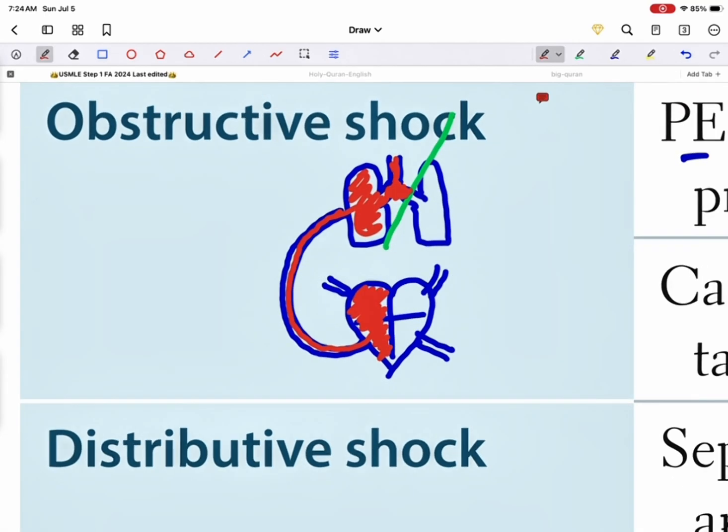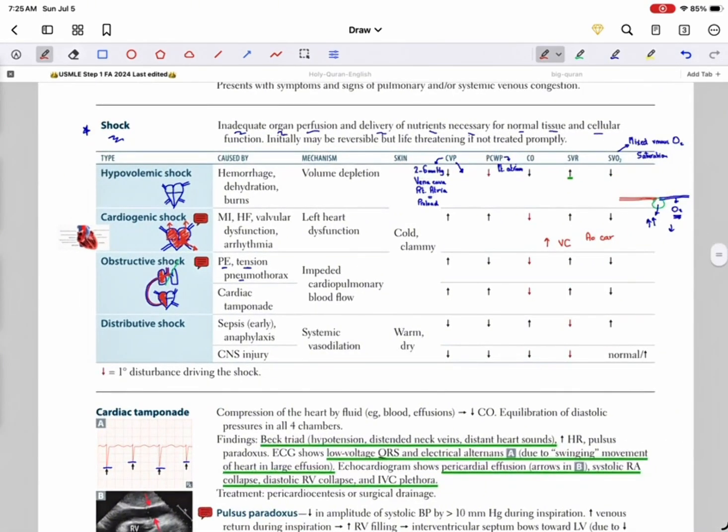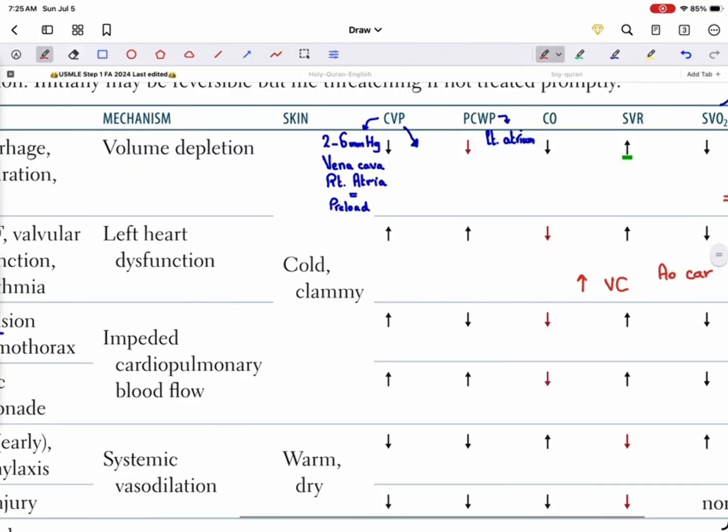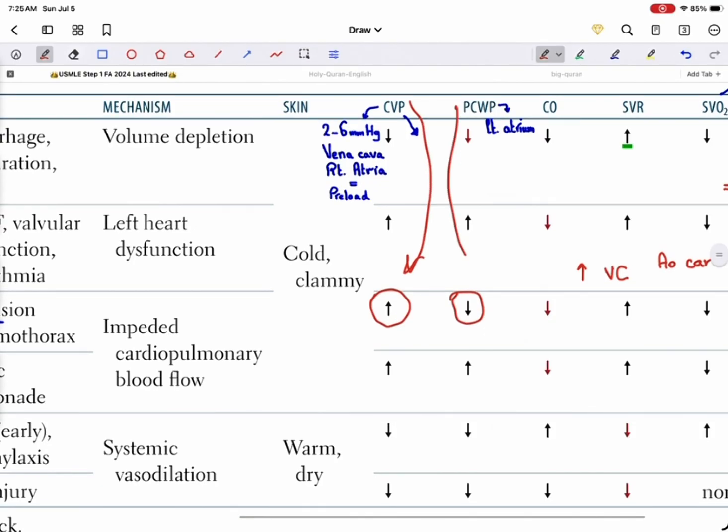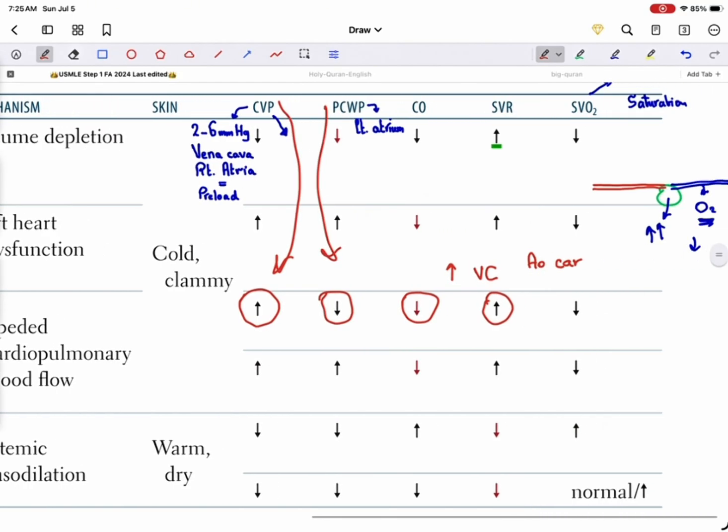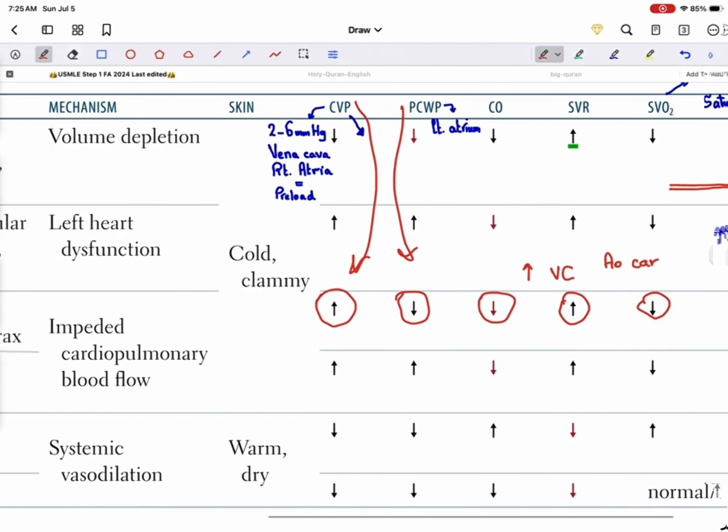It's going to be empty. So the CVP would be high, but the PCWP would be low. This is the right and this is the left. Cardiac output would be low, systemic vascular resistance would be high, same mechanism, and the mixed venous oxygen would be low.